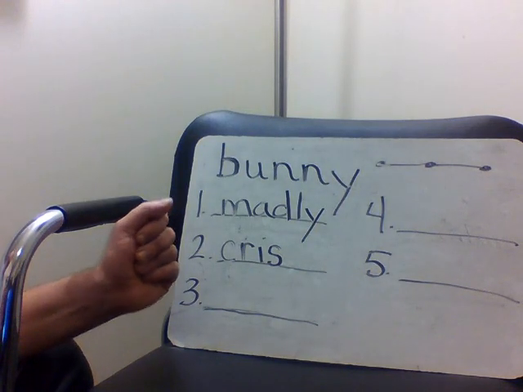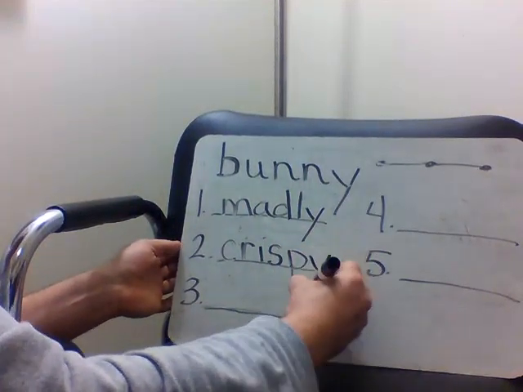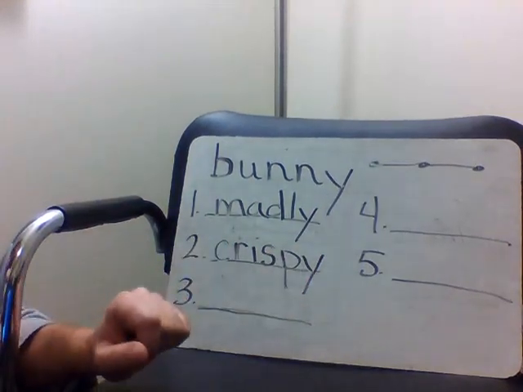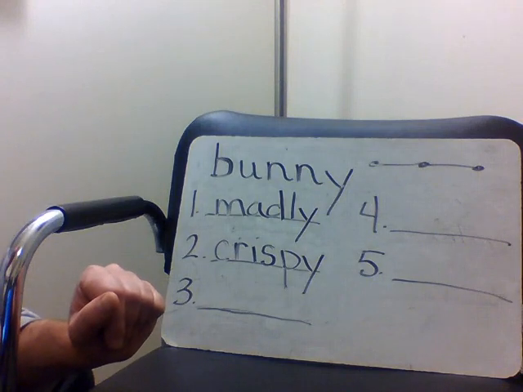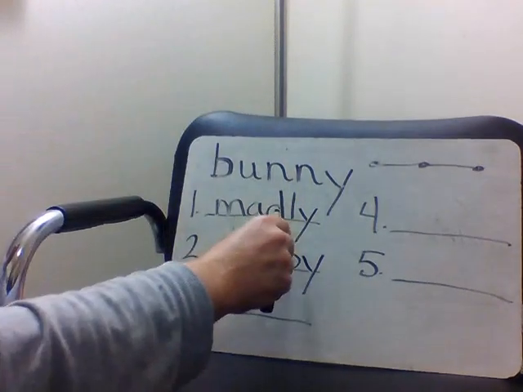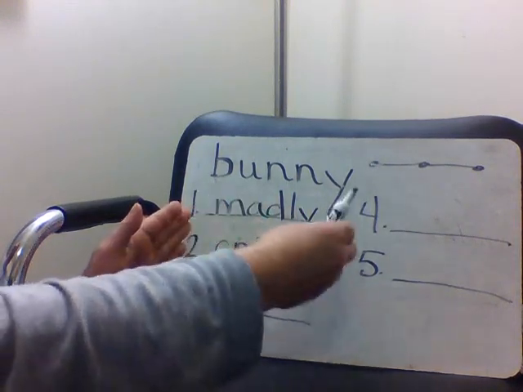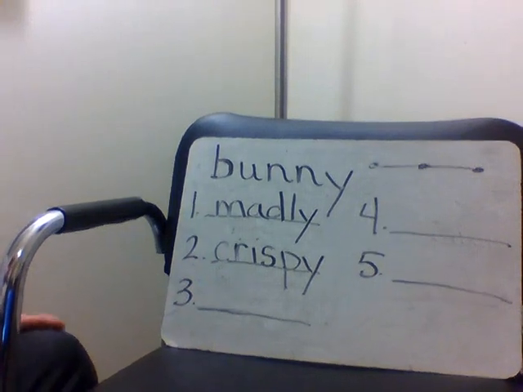Check back in with me. If you put P-Y, you are absolutely correct. This is the word crispy, and that Y says E at the end of this bigger word. Now, one little note here. Make sure you're not leaving spaces between your syllables. You're just putting them together for that bigger word. Alrighty, let's do our next one.